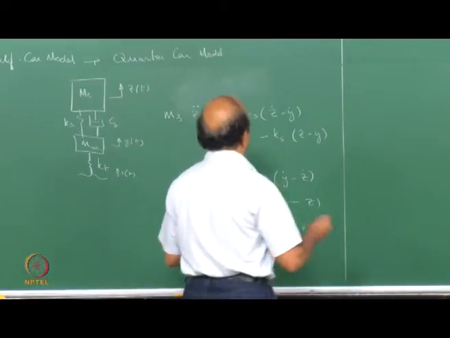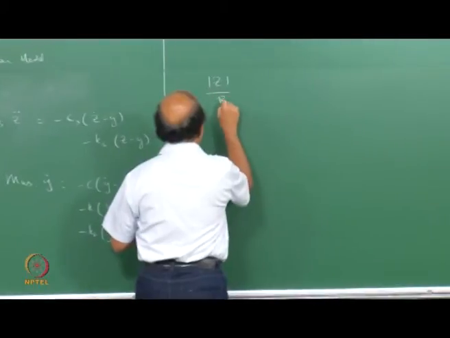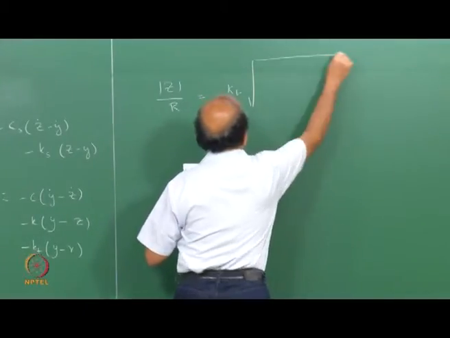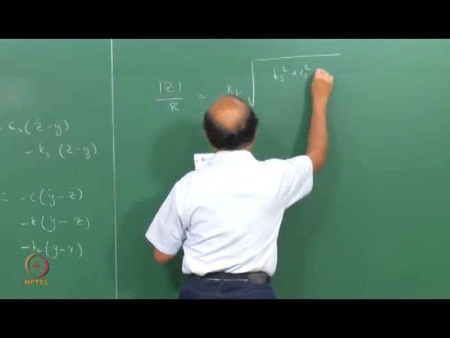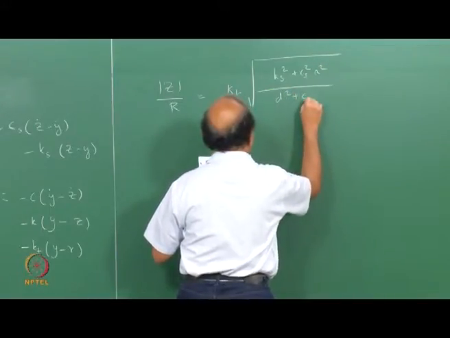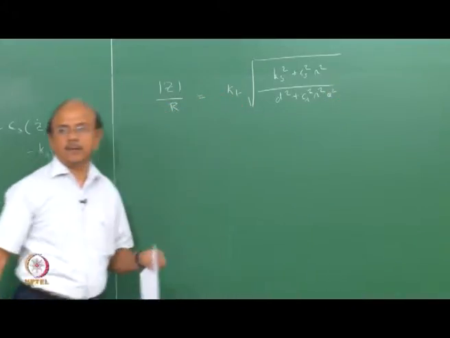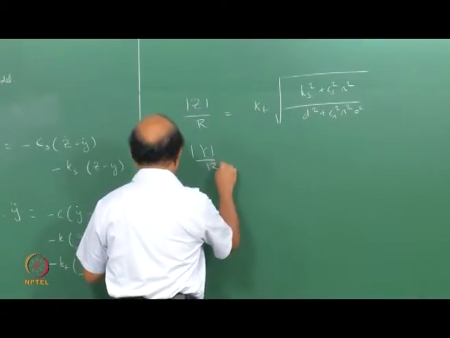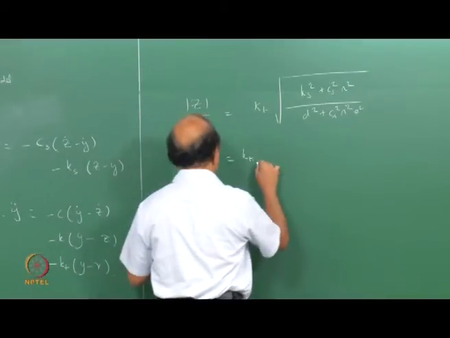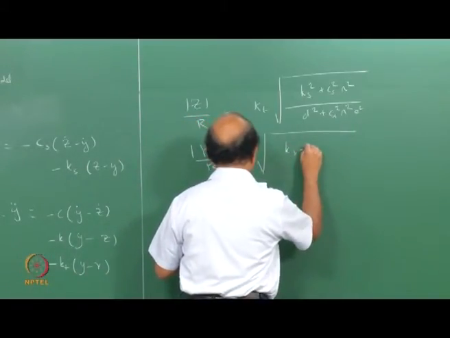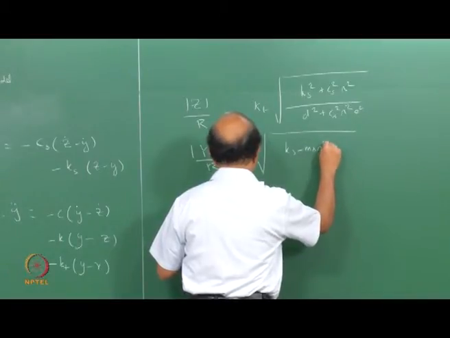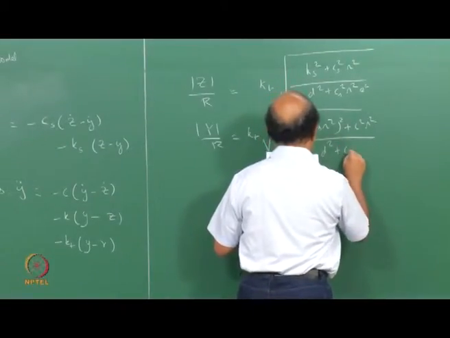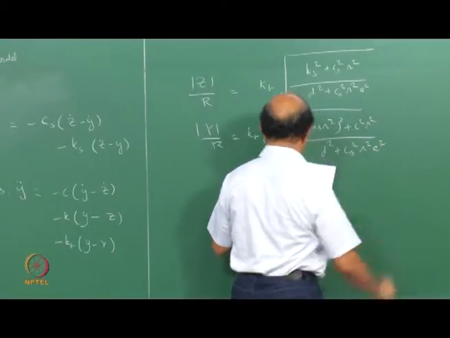So the magnitude of Z by R is equal to kt root of (k squared plus cs squared omega squared) divided by d squared plus cs squared omega squared e squared, and Y by R is equal to kt into root of (ks minus ms omega squared) whole squared plus c squared omega squared, divided by d squared plus c squared omega squared e squared.